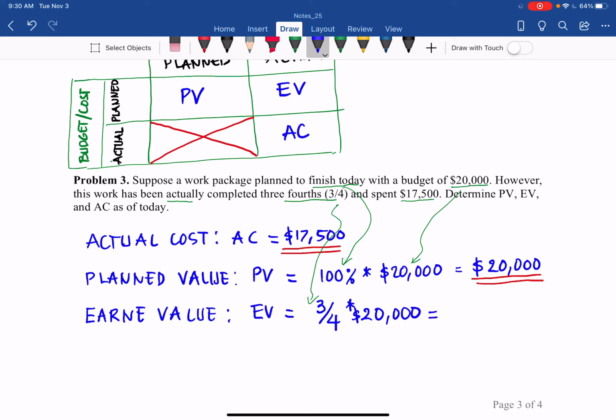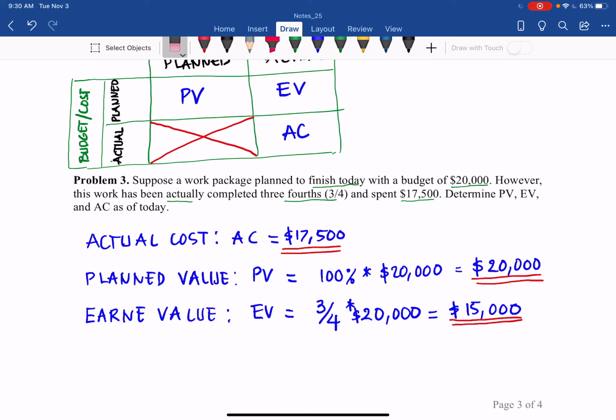With that, we find the earned value equals 15,000. The next question is why we need to find these 3: AC, PV, and EV.